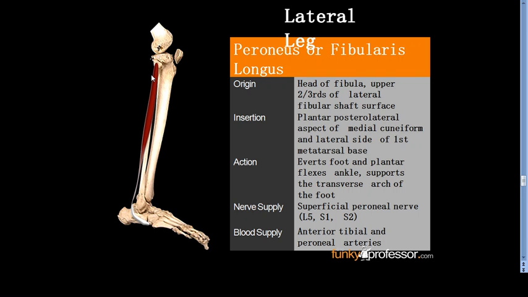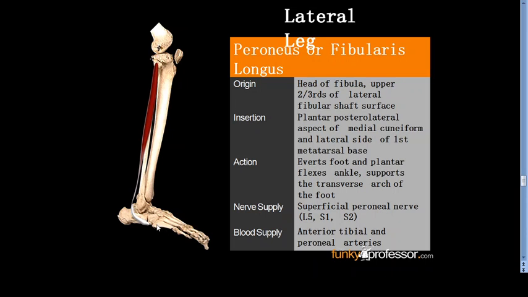Now if we talk of the muscles, you can see that the peroneus longus muscle takes origin from the head and from the lateral two-thirds of the surface of the shaft of the fibula, and it goes towards the lateral side and gets inserted onto the medial cuneiform and onto the base of the first metatarsal.